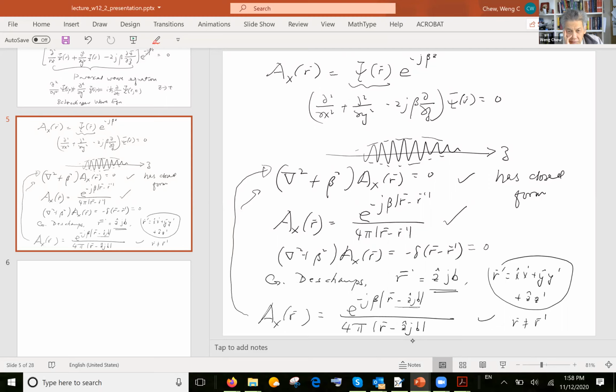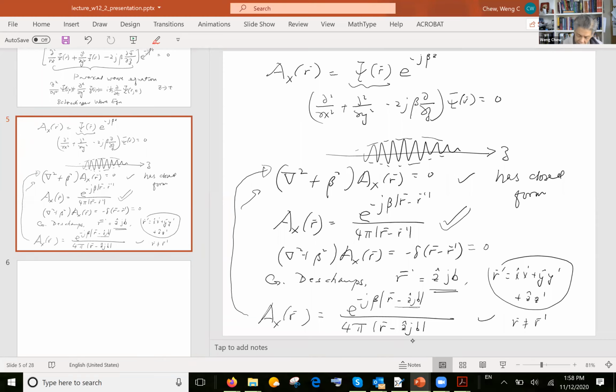Okay, but I know that this expression is still a solution to the Helmholtz wave equation as long as r is not equal to r prime, when you have zero on the right-hand side.